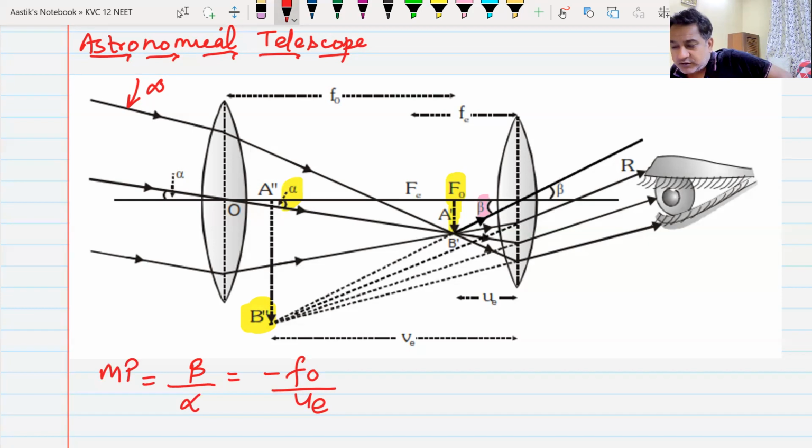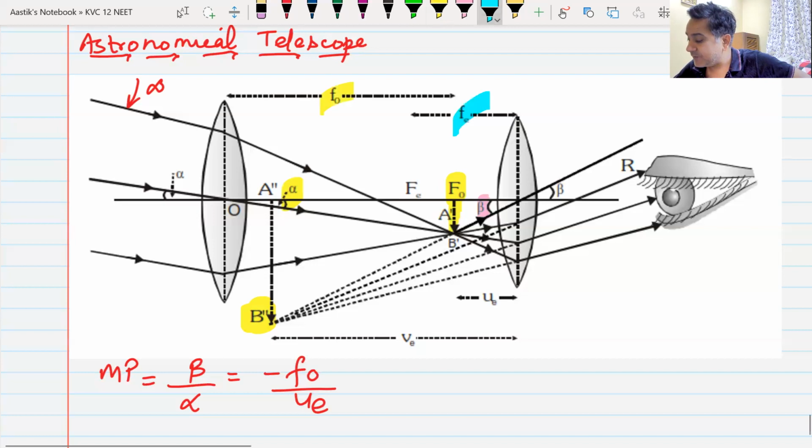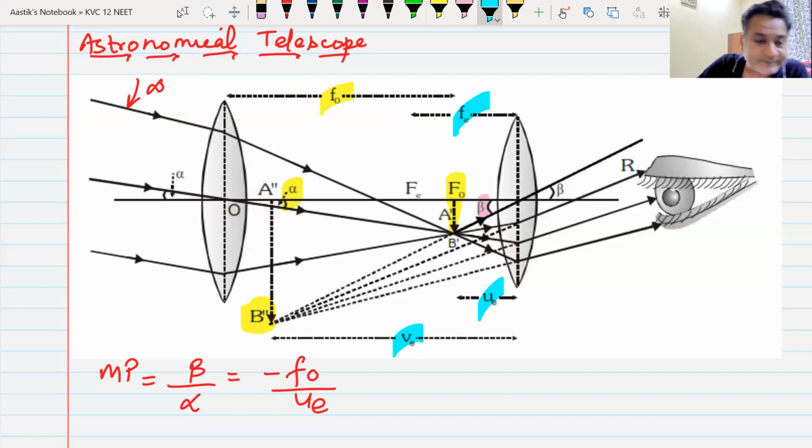F naught is the focal length of the objective, Fe is the focal length of the eyepiece, Ve is the distance of the final image from the eyepiece, Ue is the distance of the first image from the eyepiece. Do we understand all these terms? Can you draw it? Yes, sir. Draw it.